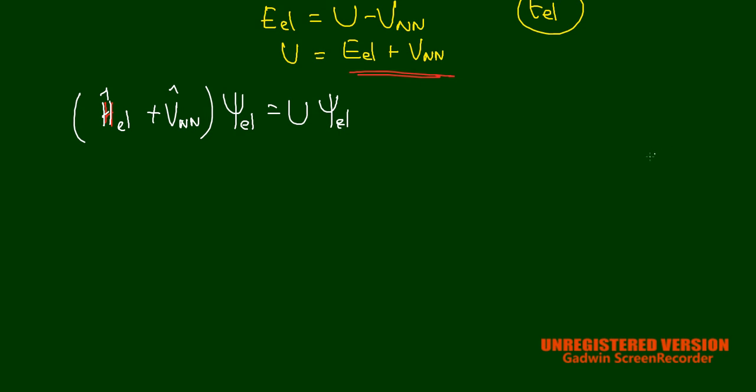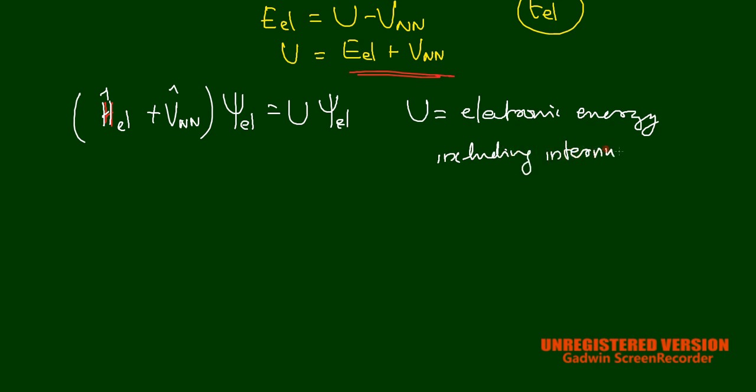And what is this U actually in this equation? In this equation, U is equal to E electronic plus Vnn. It means that U is equal to the electronic energy including the internuclear repulsion, because Vnn is the internuclear repulsive potential energy. Therefore, U is equal to electronic energy including internuclear repulsion.